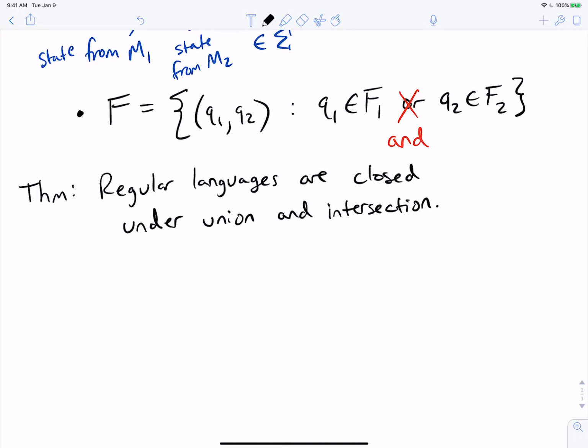Is there another way we can prove closure under intersection from just union and one other result that we did last time? What are regular languages also closed under? Complement. What if I have union and complement? What could we do? Yeah, your friend and mine, Augustus de Morgan.